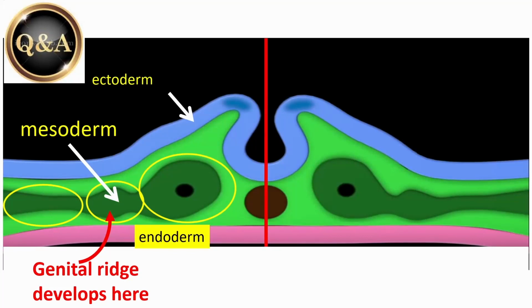It is called the genital ridge, and this is the place where it begins, and then the pink layer, the endoderm, is going to send cells into this intermediate mesoderm.